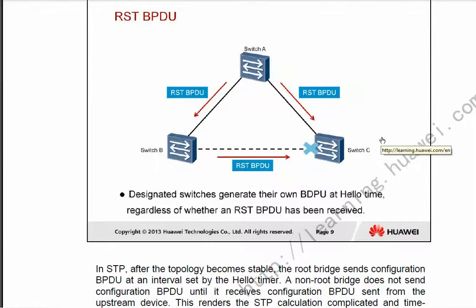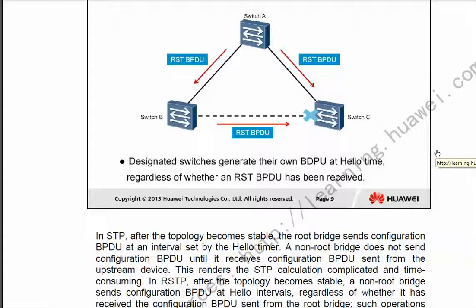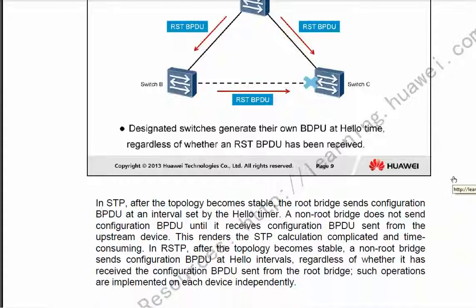In STP, after the topology becomes stable, only the root bridge sends configuration BPDU at the interval of the hello timer. The non-root bridge does not send configuration BPDU until it has received the configuration BPDU sent from the upstream device.